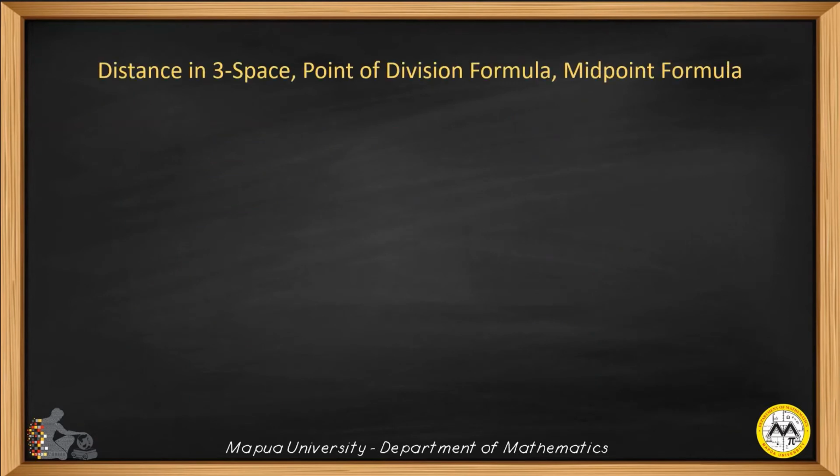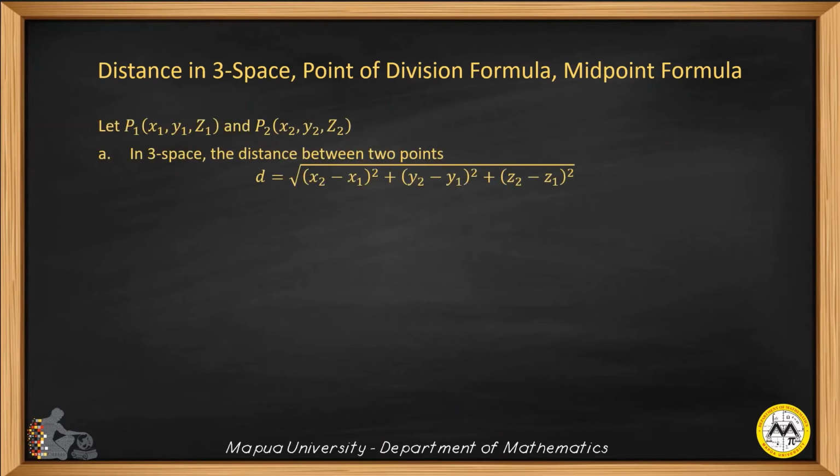As to how to determine the distance between 2 points in space, or determining the point of division of a line segment or the midpoint of a line segment, please take note that the formulas presented here are very similar to those that we have seen for determining the distance of points lying on a plane, or determining the midpoint of a segment on the plane.